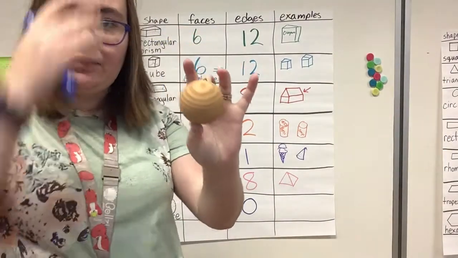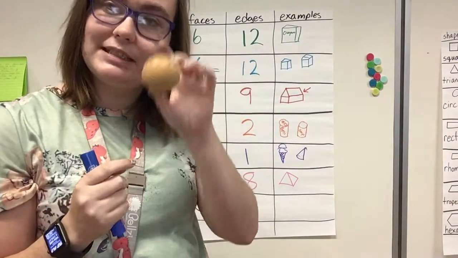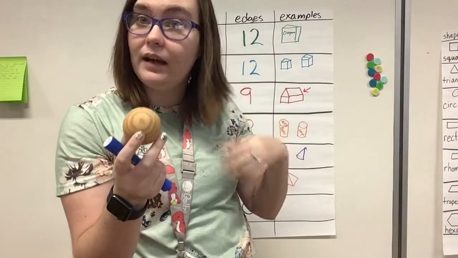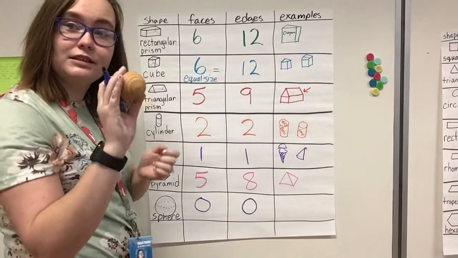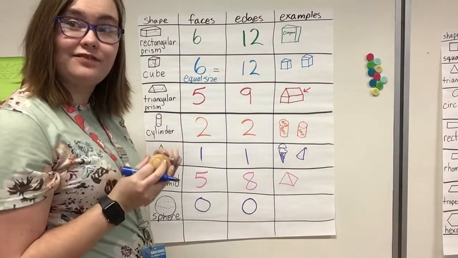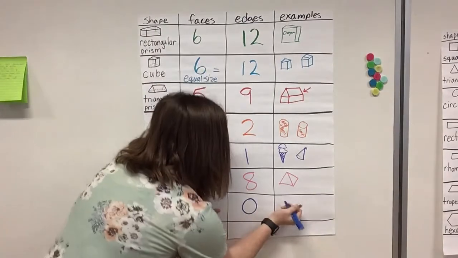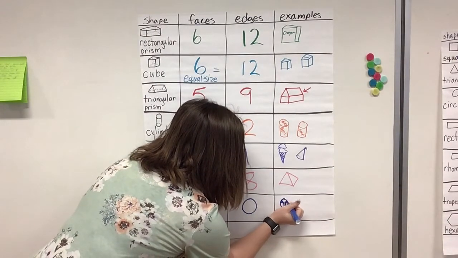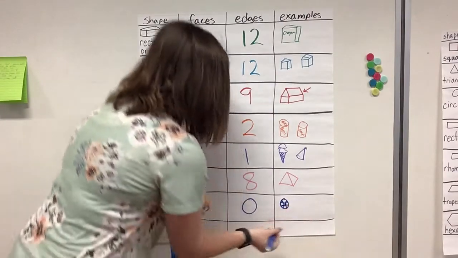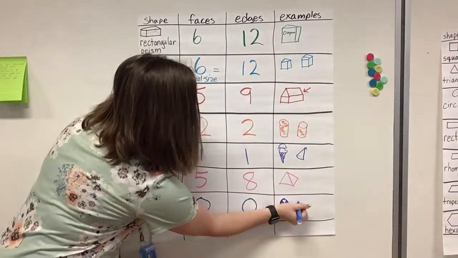Can you guys think of any spheres that we see or maybe play with a lot? Lots and lots of sports equipment is a sphere. So like a basketball is a sphere, or a soccer ball is a sphere.